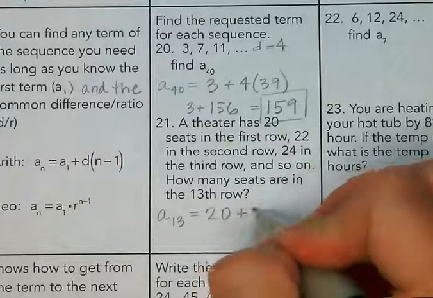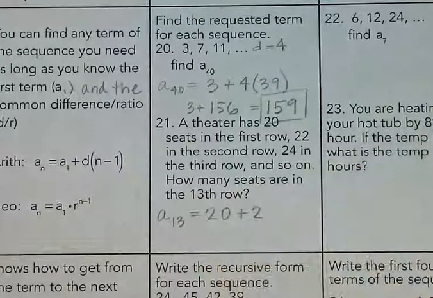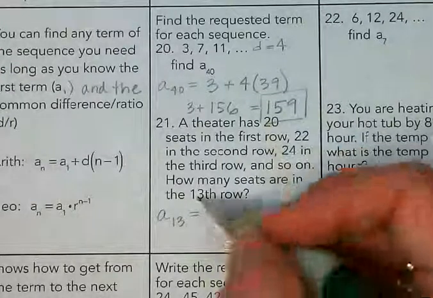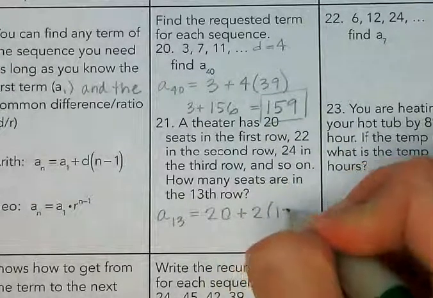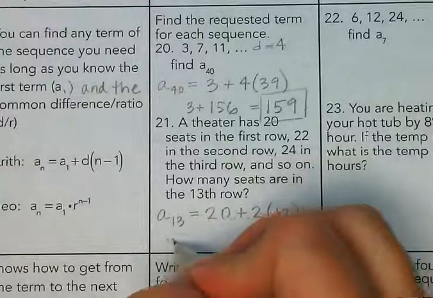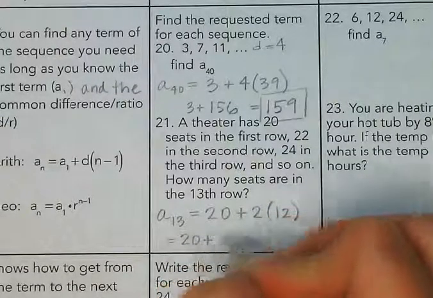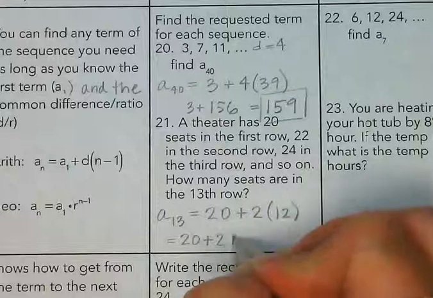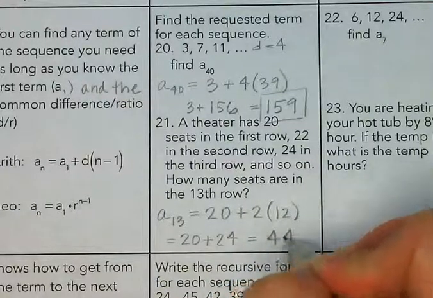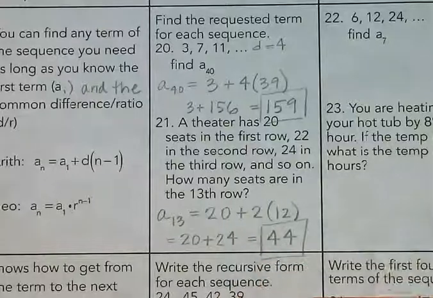So each row we're going to add 2 more seats. But we already know how many are in the first row, so to get to the 13th we need 12 more rows. So to solve this, we need to multiply 2 times 12, which is 24, and then add it back to the original, so the 13th row has 44 seats.